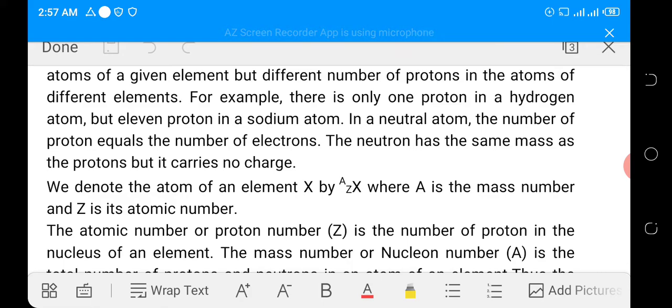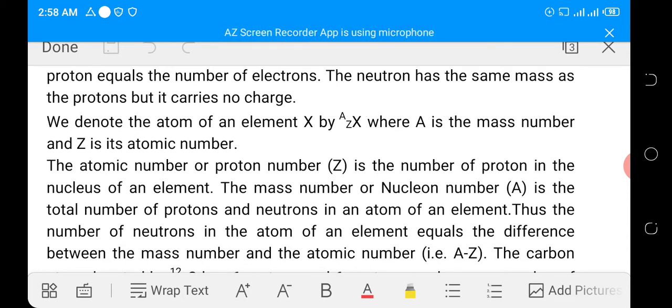So the neutron has the same mass as the proton, but it carries no charge. So if we denote an element X by A Z X, the letter A stands for the mass number, while the letter Z stands for the atomic number.